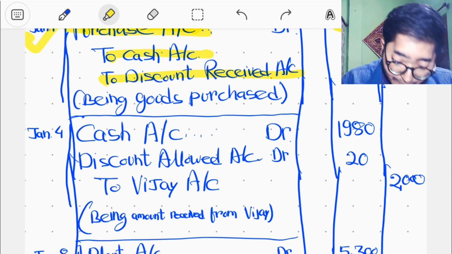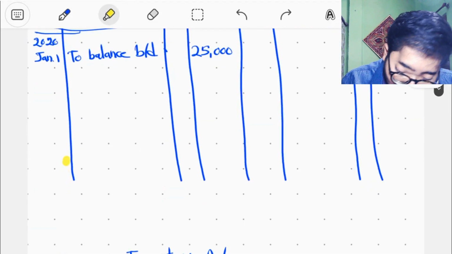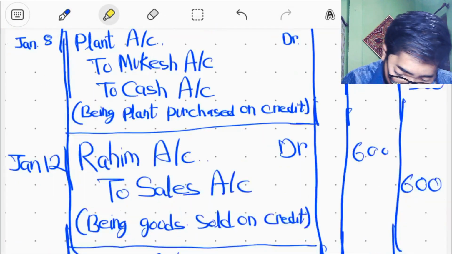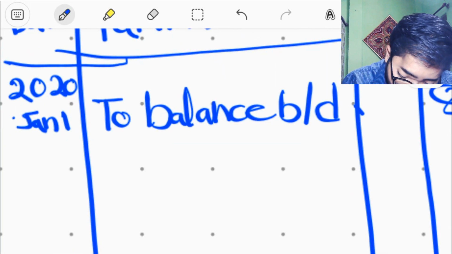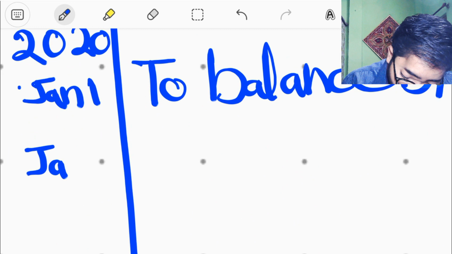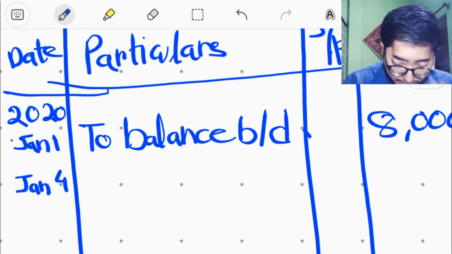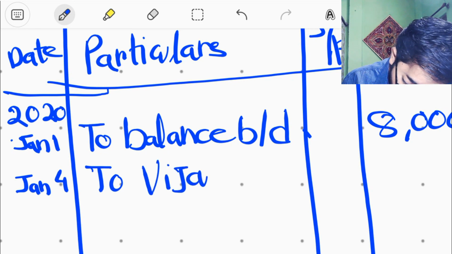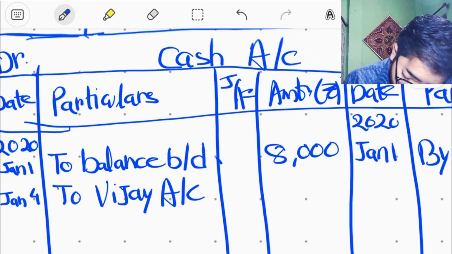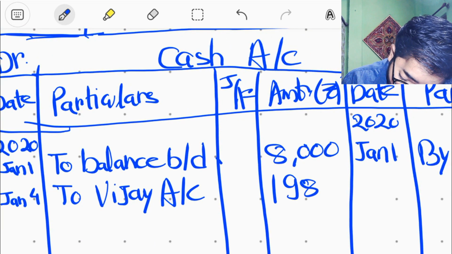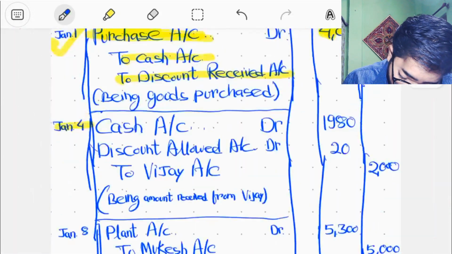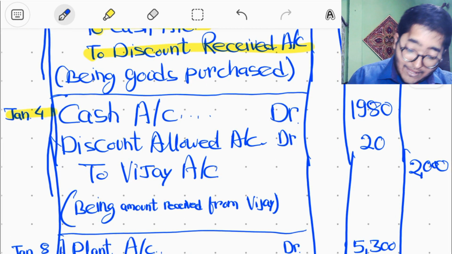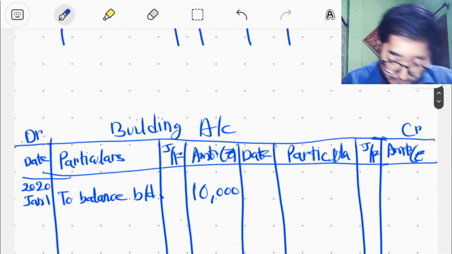So let us start with the ledger posting. Cash account debit. So what was the date? Date is January 4th. Cash account debit. The date of the transaction, that is January 4th, to Vijay account 1980. Next, what account would be affected?